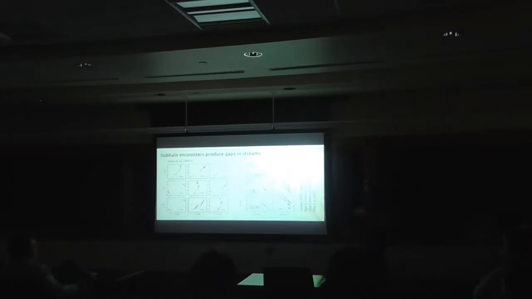Here you can see how, if you change the velocity of the encounter, how close the encounter is to the stream, and how massive the perturber is, you can get gaps of different sizes.